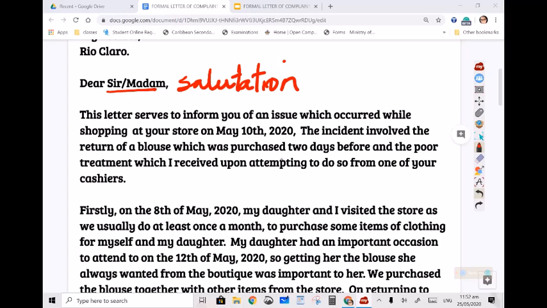So notice that the actual incident was not explained in this paragraph. It was briefly mentioned in this paragraph.